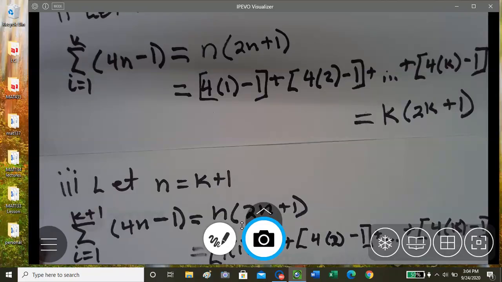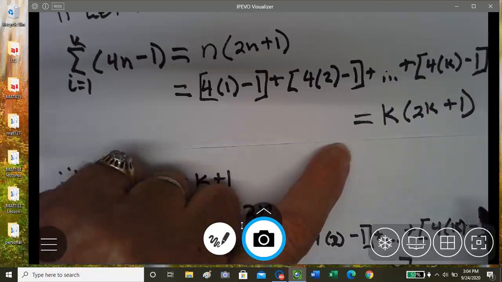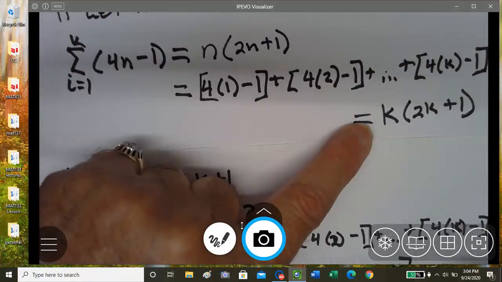Now the next one's going to be k plus 1 minus 1. And that's going to equal, here we said k, so this is going to equal k plus 1 times, I'm trying to squeeze all this in here, 2 times k plus 1 plus 1.